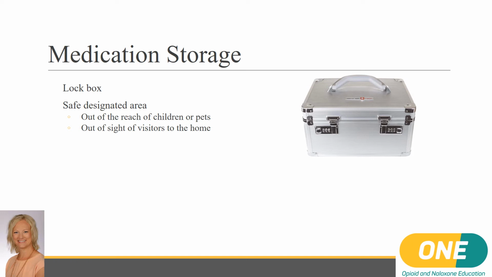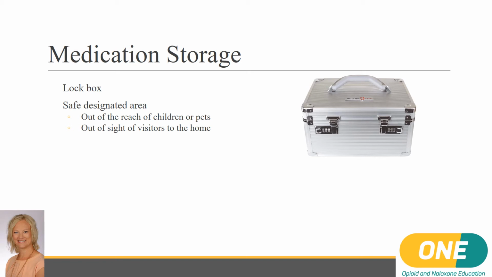So diversion is actually someone coming in and taking someone's opioid medication even if the patient still needs it. This can happen in households. It can happen during an open house. It can happen during a family party. So it's very important that opioids specifically are stored in a safe, designated area.